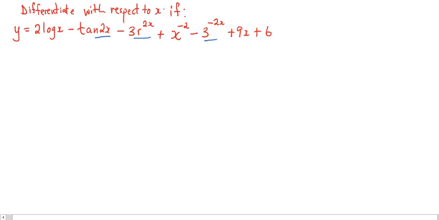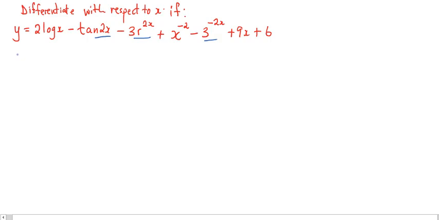So 1, 2, 3, 4, 5. So these three, if you are in a position, you can just take them aside and use the function of a function rule to get the derivatives of each.